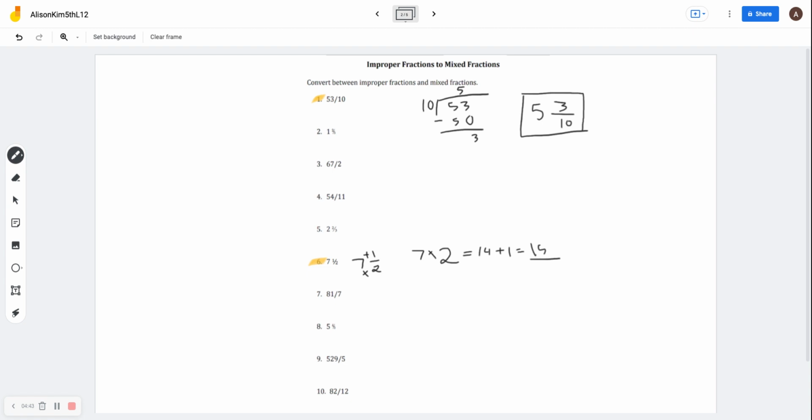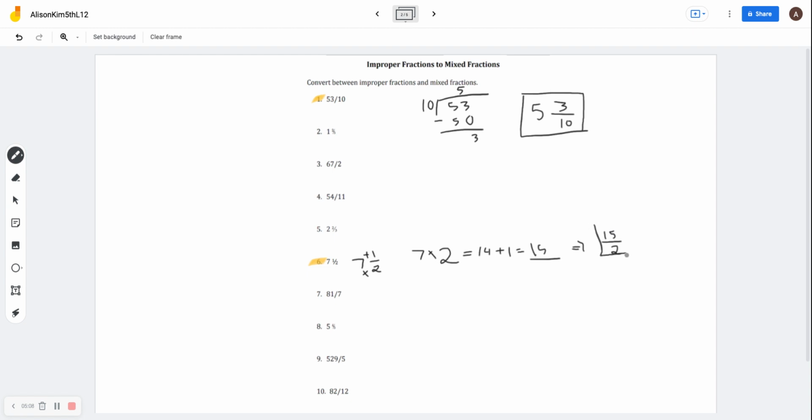However, as in the case of turning improper fractions into mixed fractions, the denominator stays the same. It will stay as 2 because that's the denominator given to us. So our new improper fraction for 7 and 1/2 will be 15 over 2.